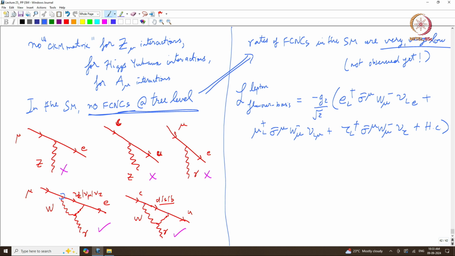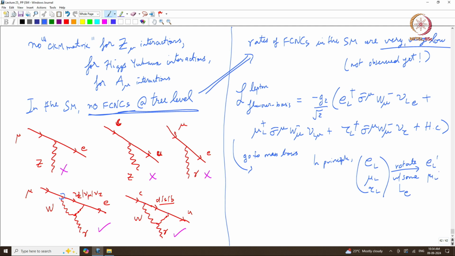So, if I want to go to the mass basis, in principle I can rotate this with some, let us call it, LE matrix, and then go to some mass basis where I have this.